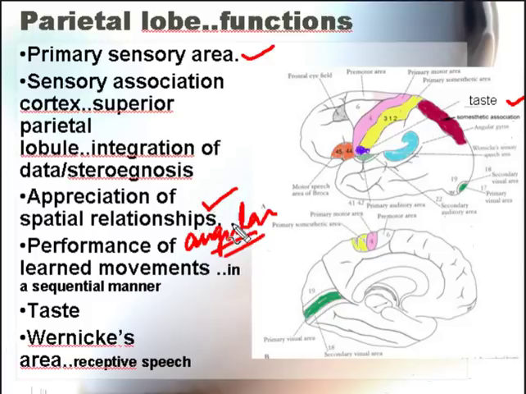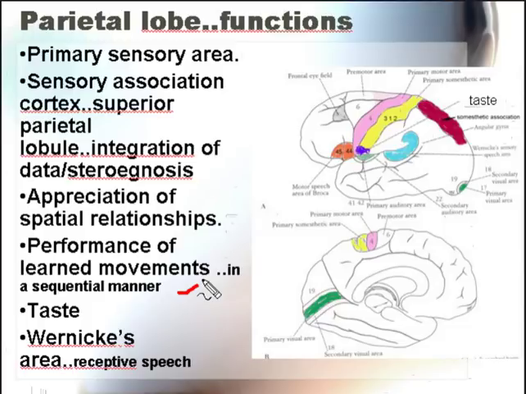Then the parietal lobe is also important in the performance of learned movements done in a sequential manner. For example, you know how to button your coat, you know how to make a cup of tea, when you pour, or what you use first and what comes next. So that's very important. And how the parietal lobe does it is there is an integration of different senses, and it allows for understanding a single concept.